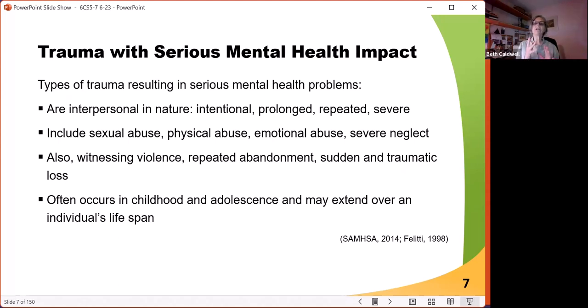And they often occur in childhood and or adolescence, and then may extend over the individual's lifespan. There was an interesting, very sad study done in South Carolina, where they were looking at homeless women, and they found that 97% of homeless women actually had a history of severe physical and or sexual abuse.